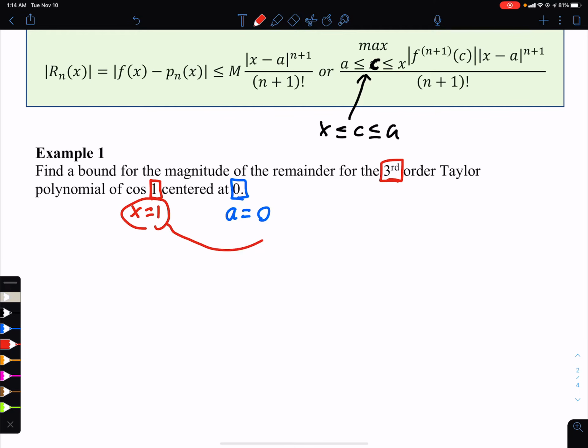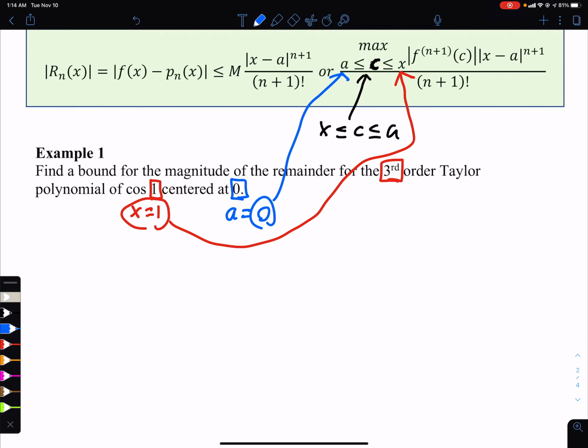And so let me make some connections here. This x is, whoa, that wasn't supposed to be a curvy line. Let's try again. That x is that x. And this center here is the 0. So those are some connections we have to make. Now, we have a third order, so let's go ahead and do this.